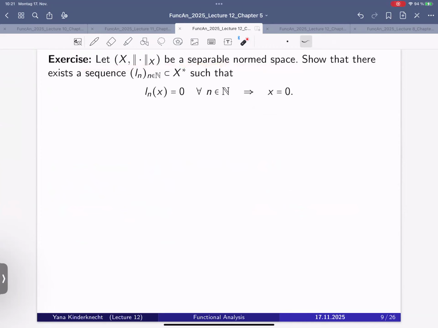Show that there exists a sequence, so countably many continuous linear functionals on X, such that if for a fixed point x this condition holds, then this implies that this fixed point x is just the origin. That is, it is enough to have only countably many linear functionals to separate the points.